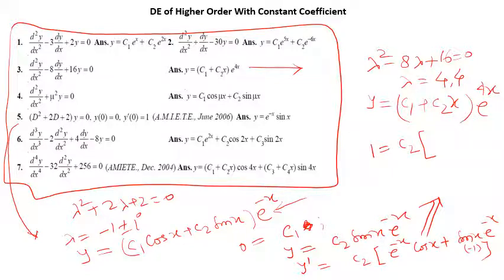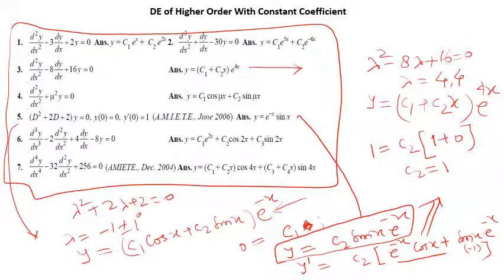X is equal to 0, and this part becomes 1 and this part becomes 0. 1 plus 0, then c2 is equal to 1. Now c2 is equal to 1, then the solution becomes y is equal to this solution, put c2 is equal to 1.